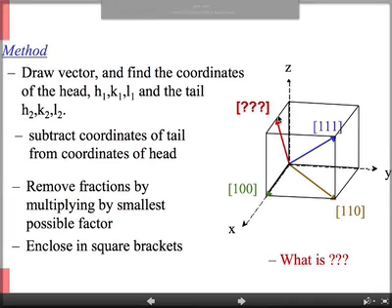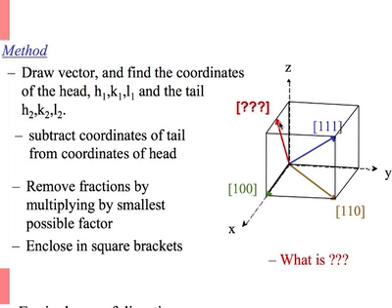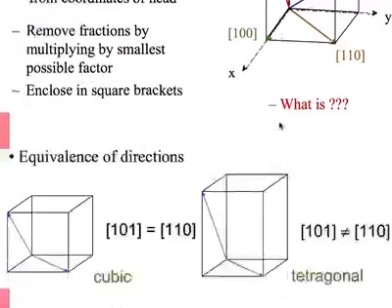I know you guys are very smart, but don't jump the gun. What is the coordinate here? Half. Very good. 1/2, 0, and 1. Now what do we do? Multiply by 2. So what's the answer? 1, 0, 2. Great. Now you're experts. You can do the problem sets and put it in square brackets. That's formality, not terribly important.